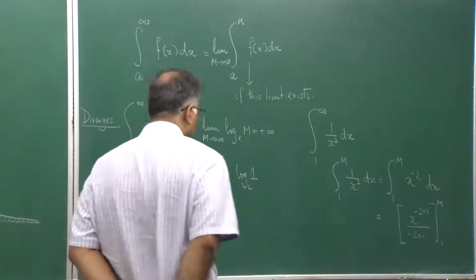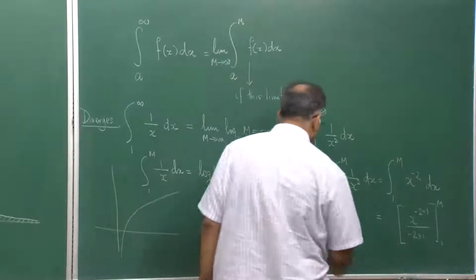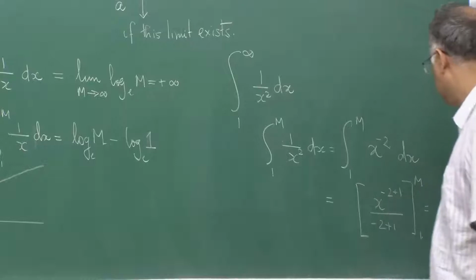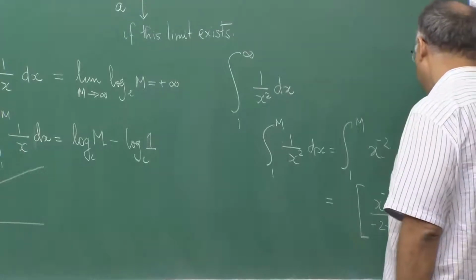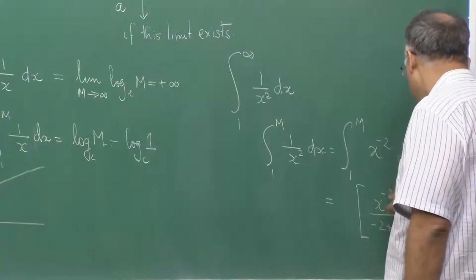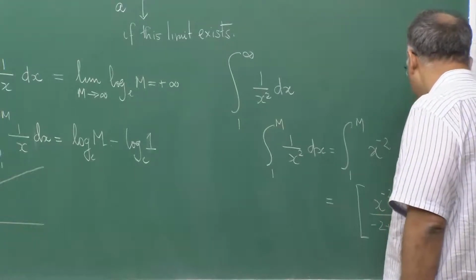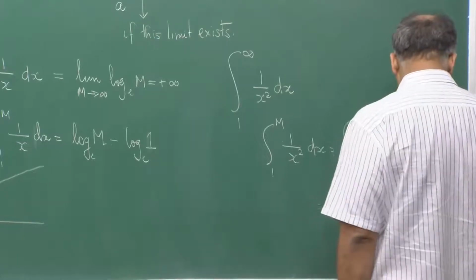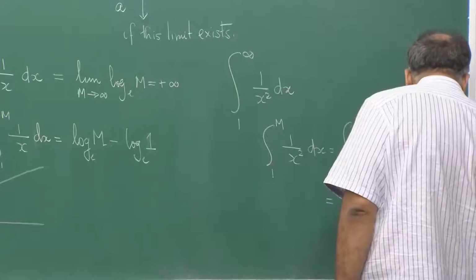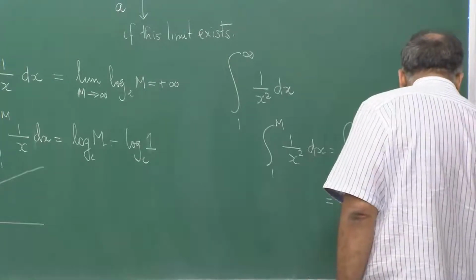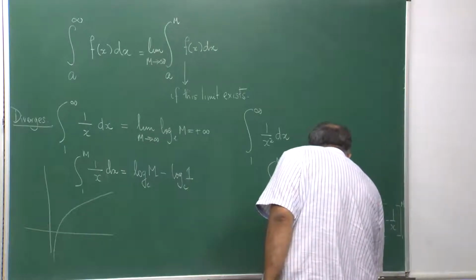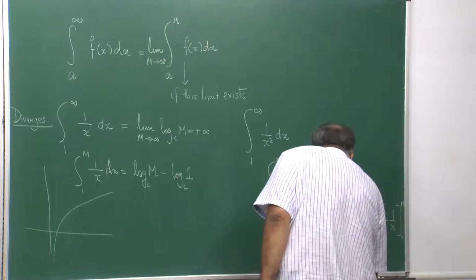So, this becomes x to the minus 1 over minus 1, basically it becomes minus 1 by x from 1 to m. So, essentially this is now becoming 1 minus 1 by m.